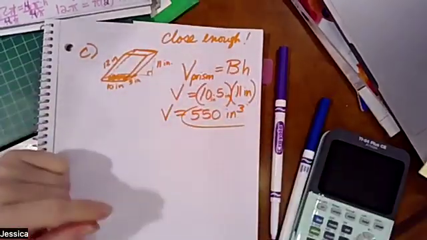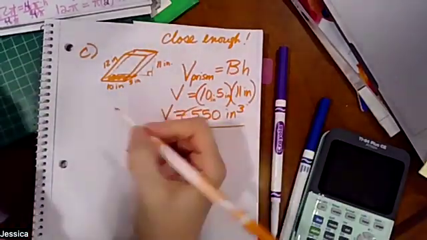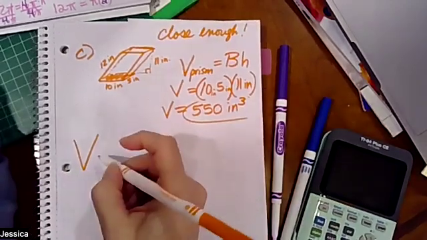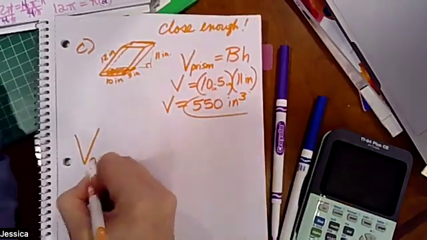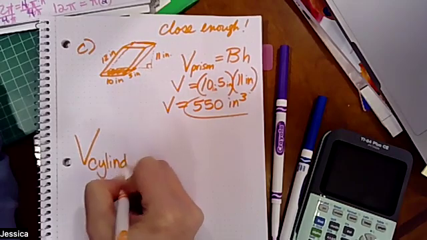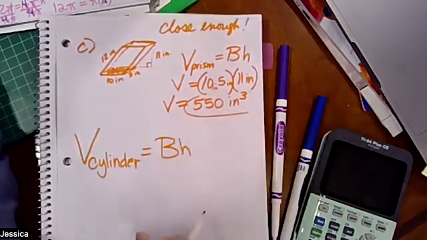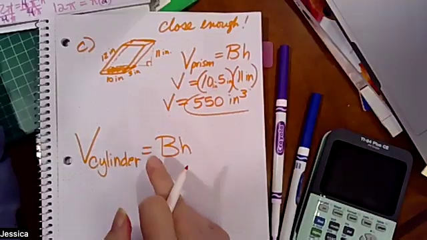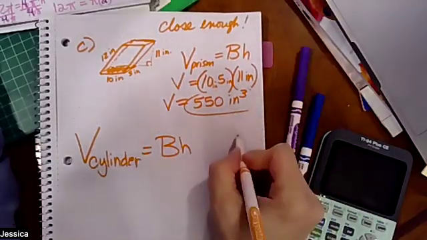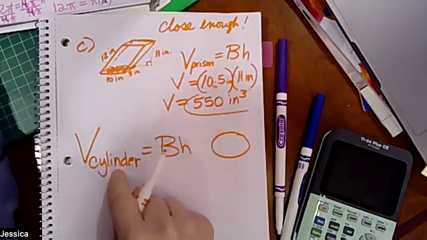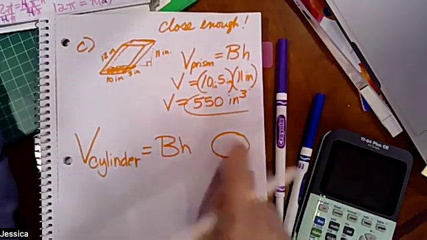Y'all know what a cylinder looks like. Let's go ahead and label this. The volume of a cylinder is, guess what? The area of the base times the height. If that's bugging you though, remember your base now on a cylinder is going to be circular.